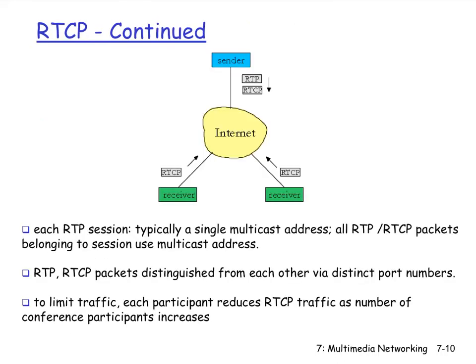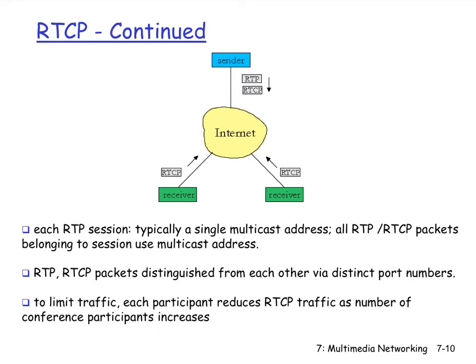Okay. So basically, this is how the scenario looks. In a typical video conferencing scenario, we have one sender and multiple receivers. Okay. So typically, we use multicast to send the audio and video from the sender to all receivers using one multicast session.